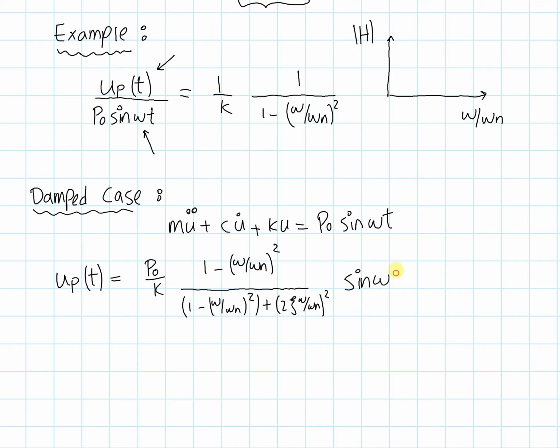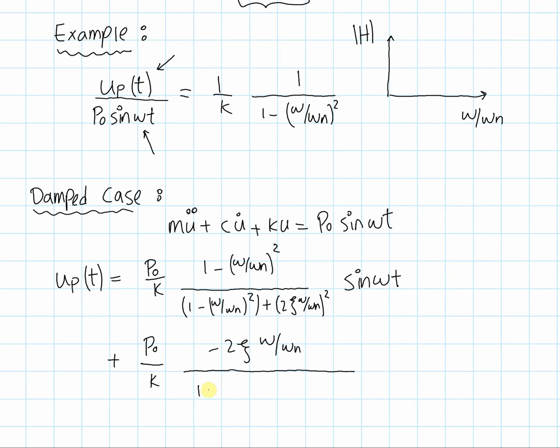omega t. Now, as it turns out, our particular solution will also have a cosine term. And the cosine term will have its own amplification factor, which will look slightly different. There's a minus zeta omega n. Zeta was our damping ratio, so it appears in our particular solution.